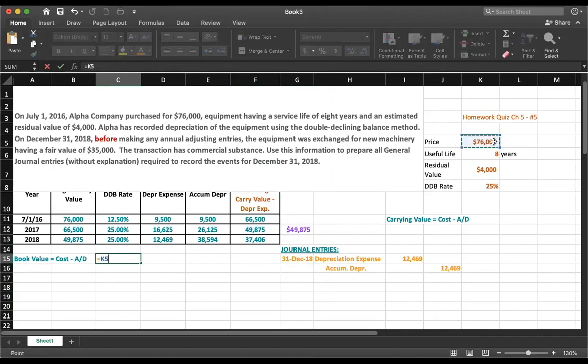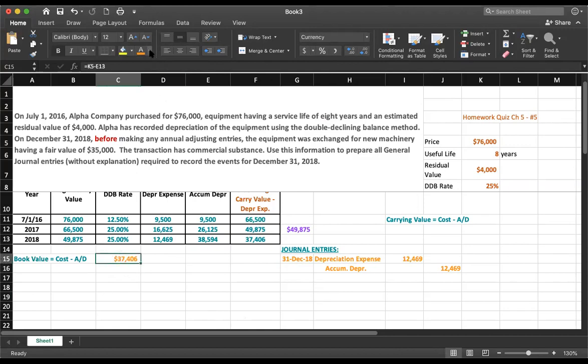The cost was $76,000, and the accumulated depreciation just before they sold it was $38,594. And so really what we're seeing here is that the carrying value at the end of the year is the same as the book value.